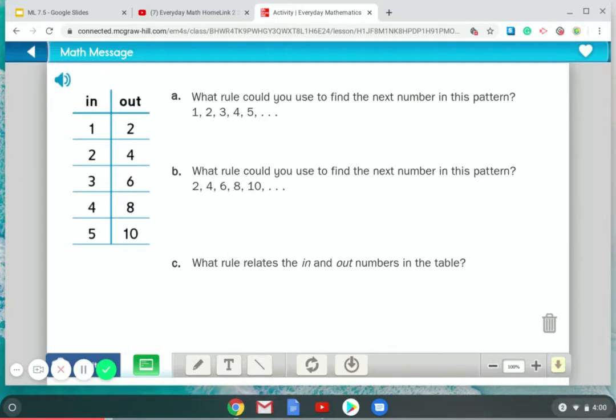B, what rule could you use to find the next number in the following sequence? 2, 4, 6, 8, 10. And then finally, if you look at in and out, the terms in each row, what rule relates the in and out numbers in the table?